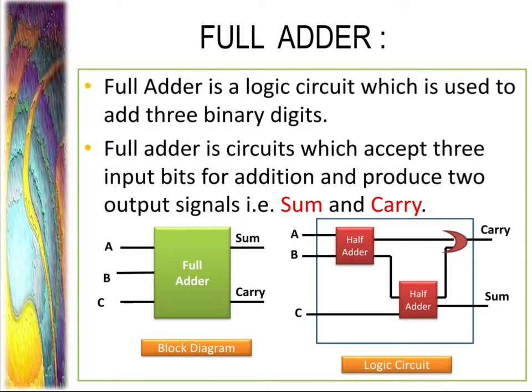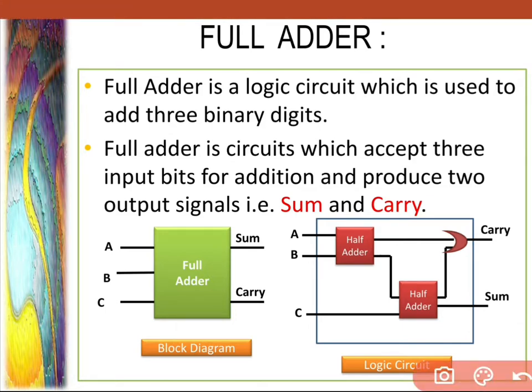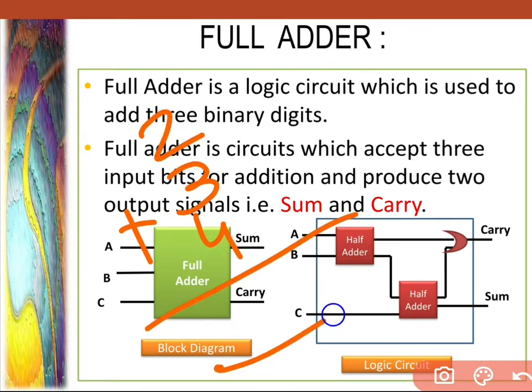Now the full adder. We use the full adder when we want to add three bits, in two steps. How? When we were kids, our parent or teacher told us to add these numbers. How do we add them, two at a time? 2 plus 3 is equal to 5.